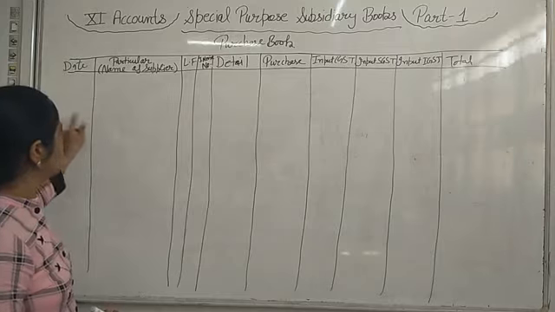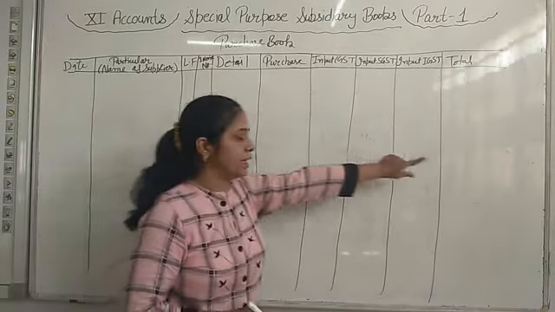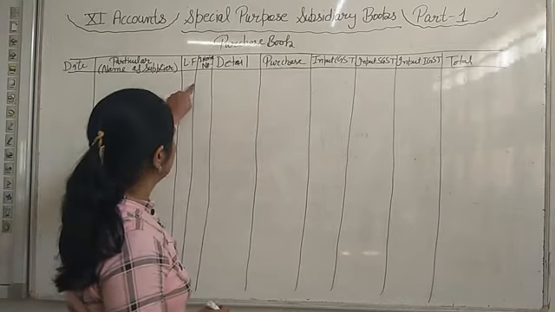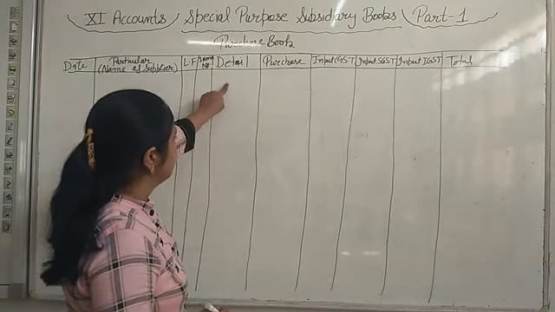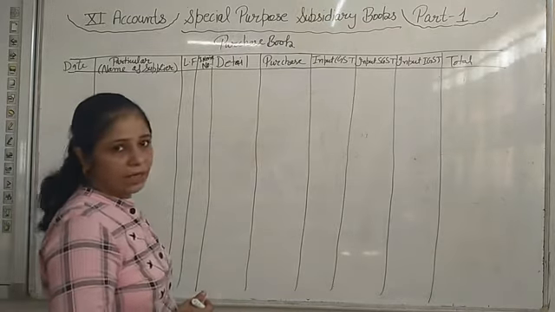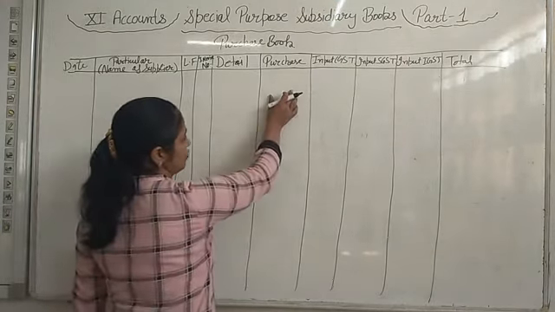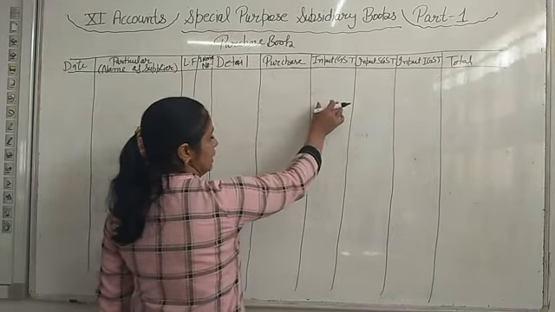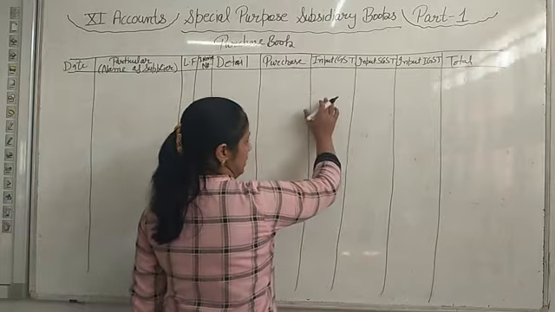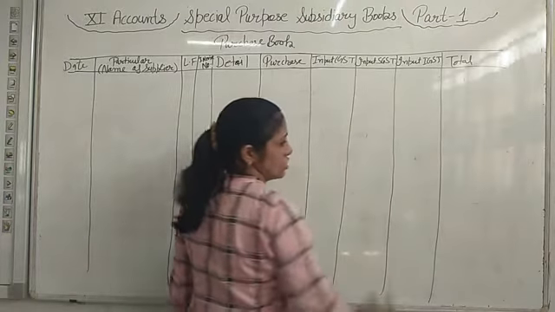10 columns are there. 1, 2, 3, 4, 5, 6, 7, 8, 9, 10. Date, particular, ledger folio, invoice number, detail. In detail, you can do the calculation, and how much amount of net purchase. Then how much GST, CGST and SGST or IGST.